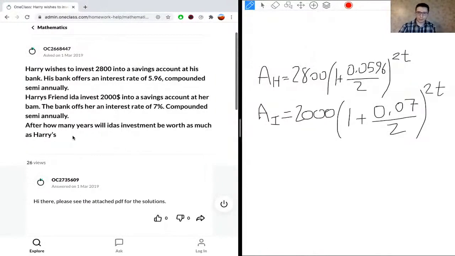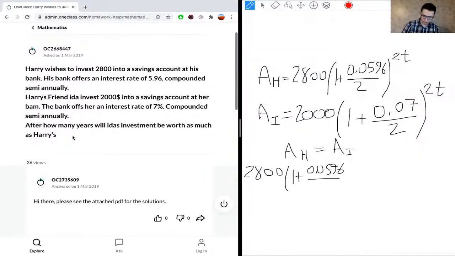So here we set AH equal to AI, and we'll get the following. AH equals AI, and we have 2,800 times (1 plus 0.0596 divided by 2) to the 2t.